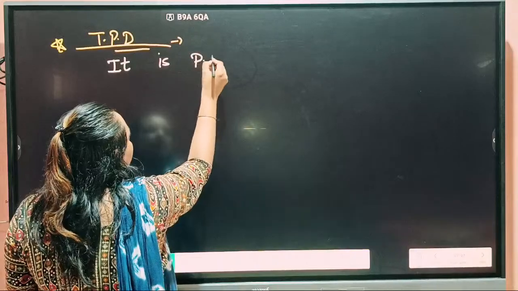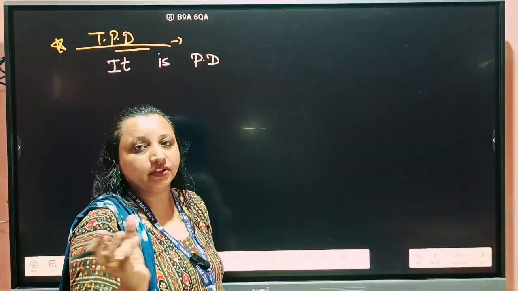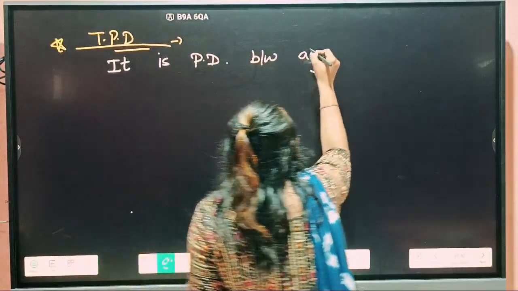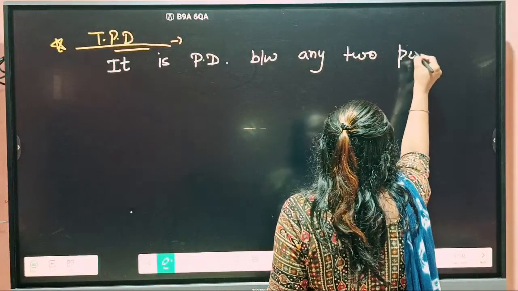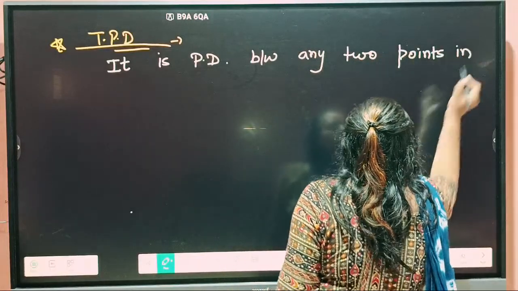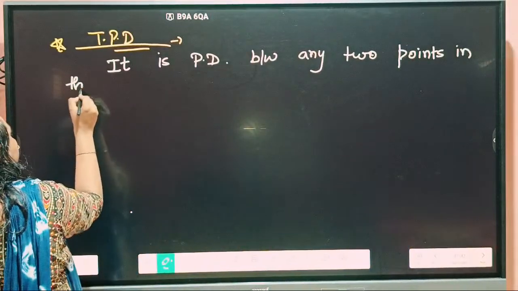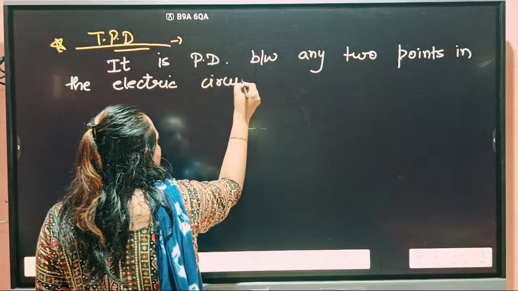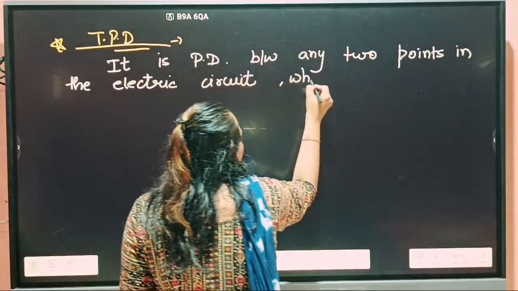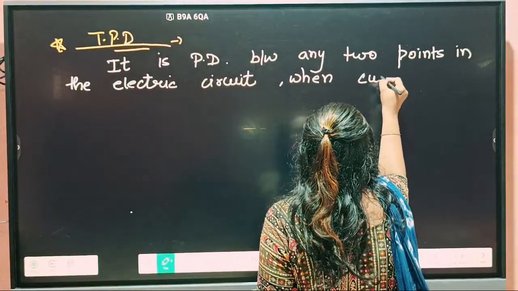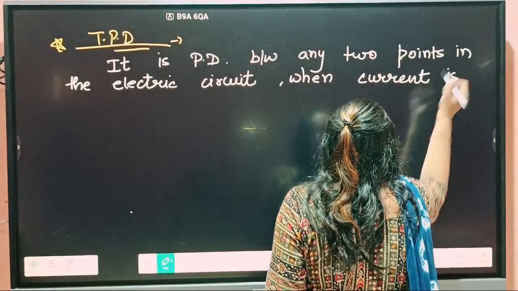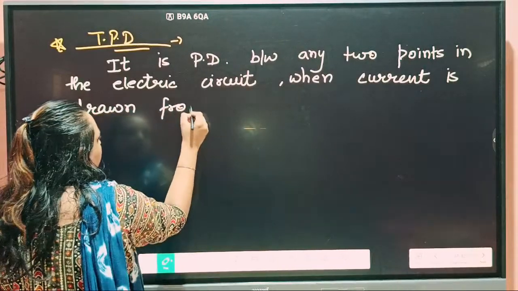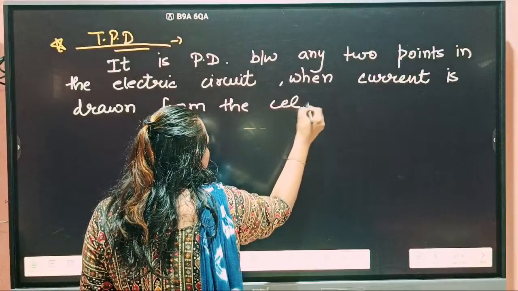So it is potential difference. I write potential difference with PD. So it is a potential difference between any 2 points in the electric circuit when current is drawn from the cell.